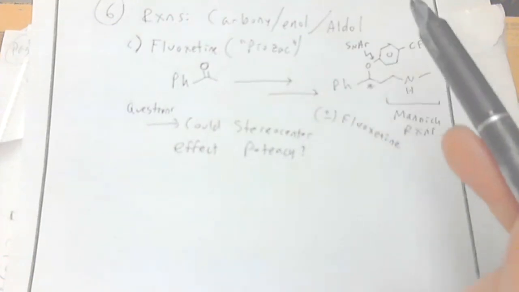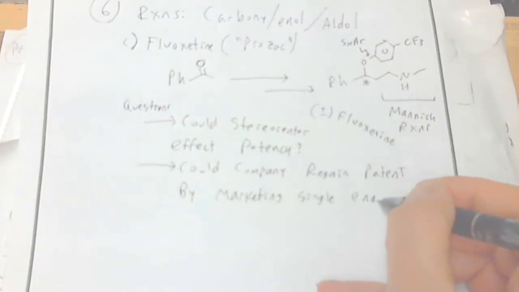You have to bend over backwards a little bit to make a single enantiomer. But we're going to show how to do it because it's fun and it's actually pretty easy chemistry. It's a little bit beyond the Volhardt-Shore book, but it's just one reaction almost. So, okay, what could the stereocenter affect, potency?